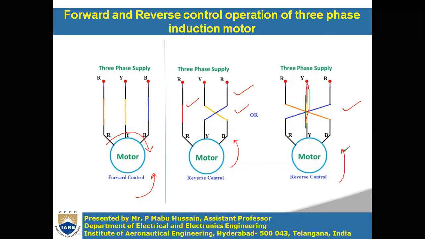This is from basic knowledge. We are going to use this concept to make the motor rotate in forward and reverse continuously, and we are going to do this with a PLC.